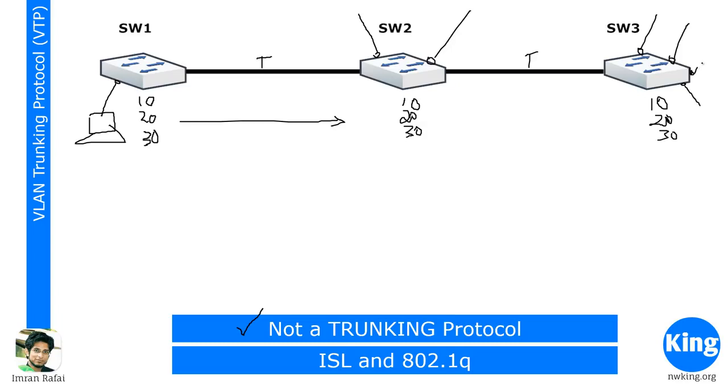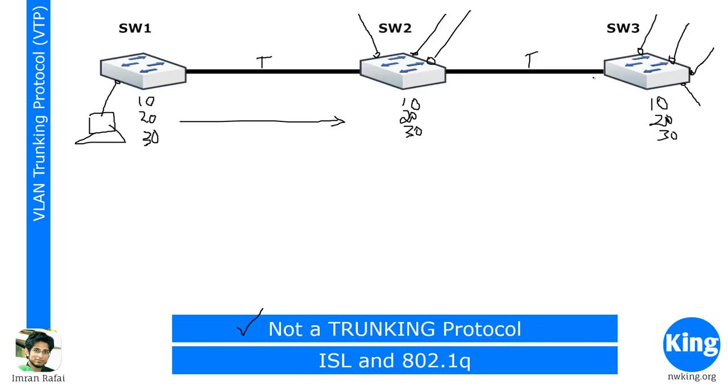Whichever computer is connected, so just say access port, and that's done. So your VLAN database is going to be synced across all your network switches, and you just have to create the access ports, which is very easy. I mean, you'll understand if you have hundreds of VLANs, then it's very, very tedious for you to go to each of those devices and change. Now that's the best part about it.